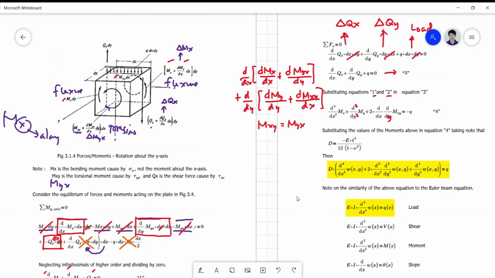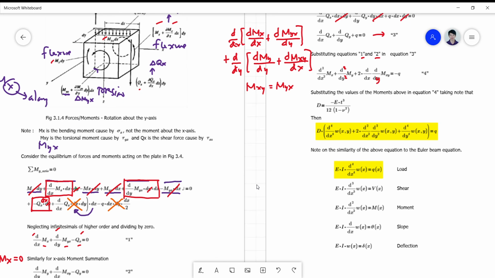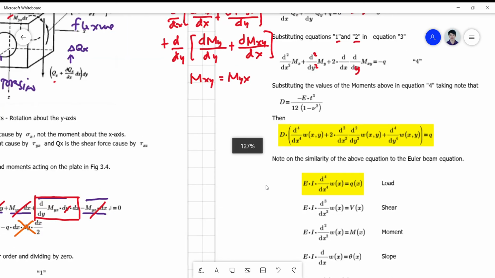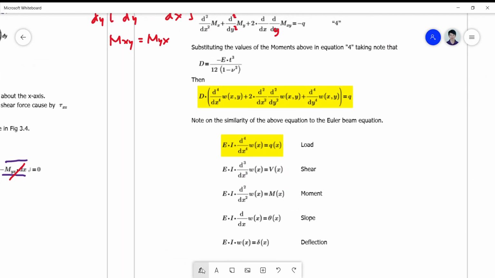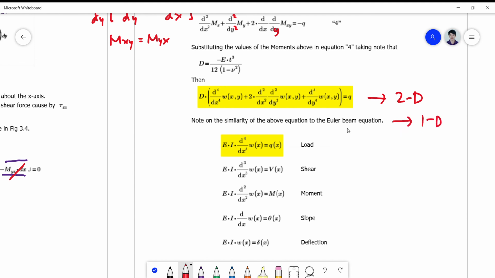And finally, we take note that this is a two-dimensional differential equation, which has some similarities to a one-dimensional equation, which is a beam. So from a plate, we now converted it into a beam, no? In terms of, okay, so this is an EI.